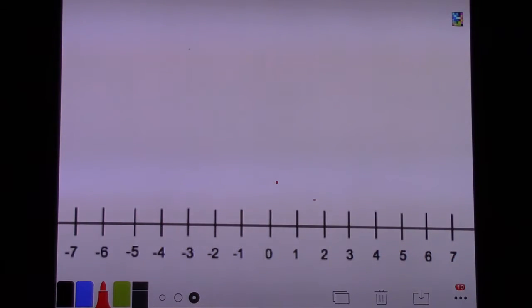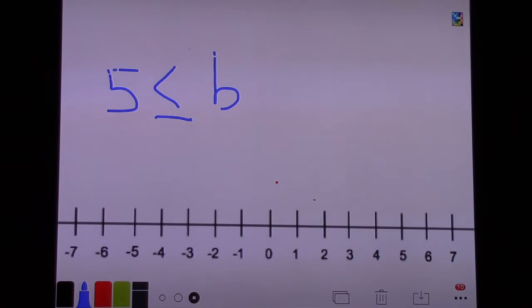If I make a couple more of these, I'm going to say that 5 is less than or equal to b. 5 is less than or equal to b, so when I rewrite it, b is greater than or equal to 5.